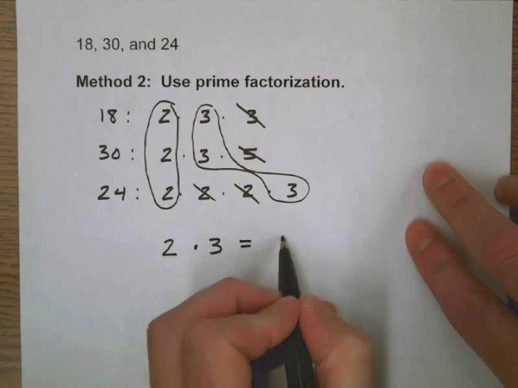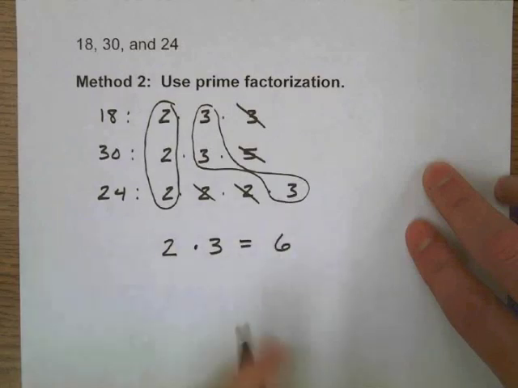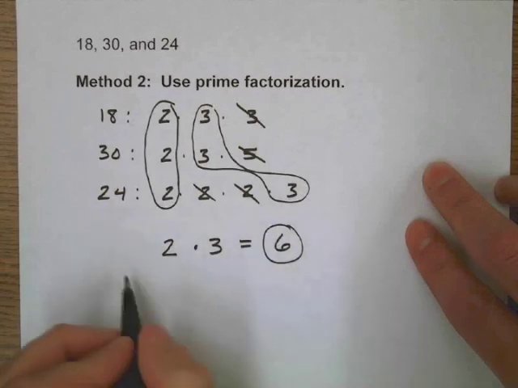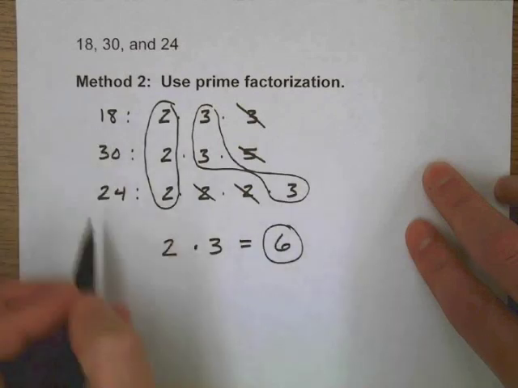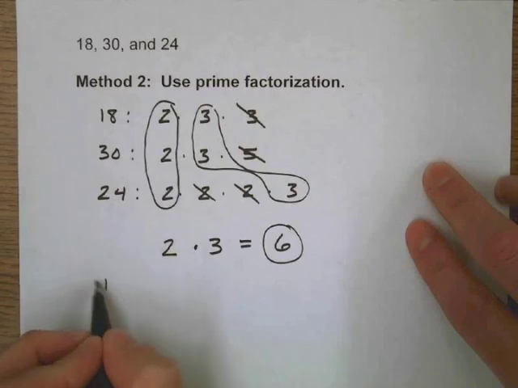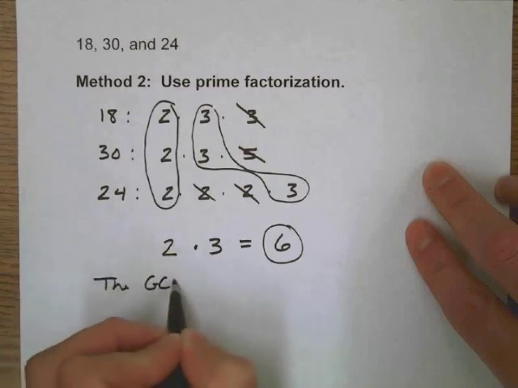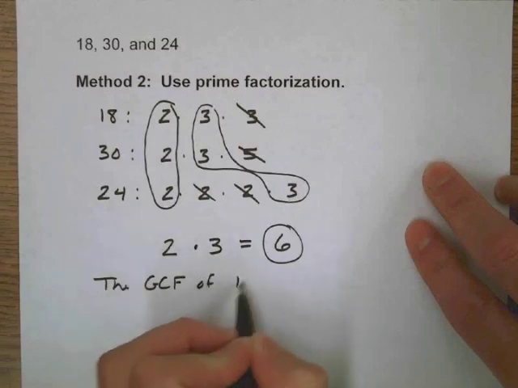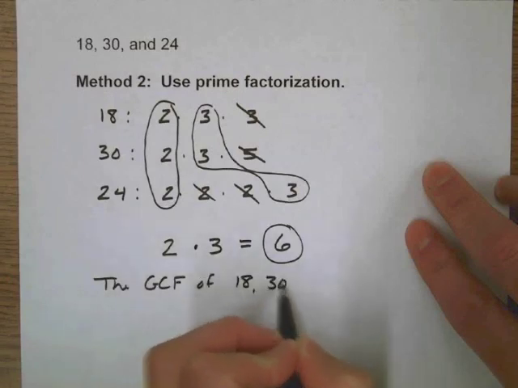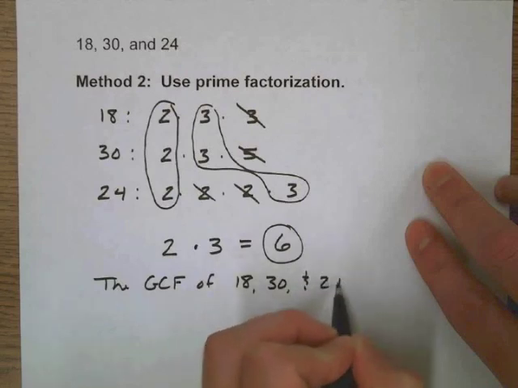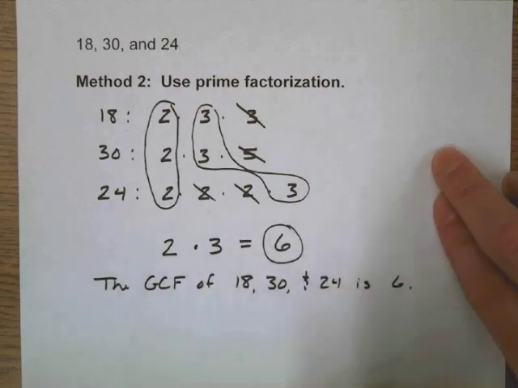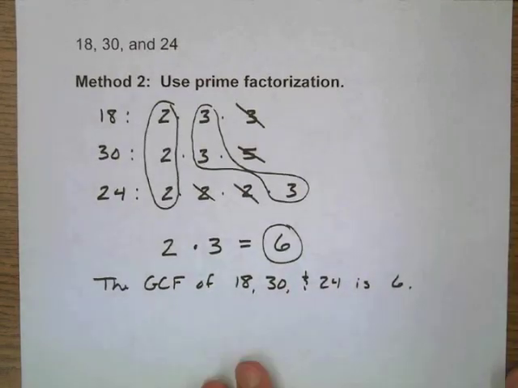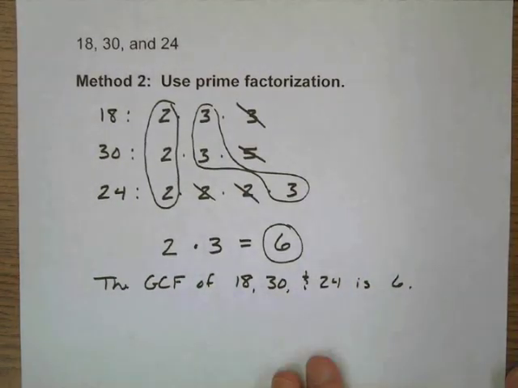If I multiply those together, I get 6. And 6 is the greatest common factor of 18, 30, and 24. So I could say the GCF of 18, 30, and 24 is 6. So that's how I can use prime factorization.